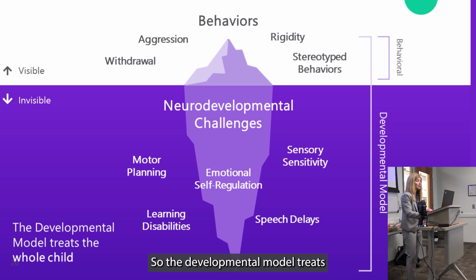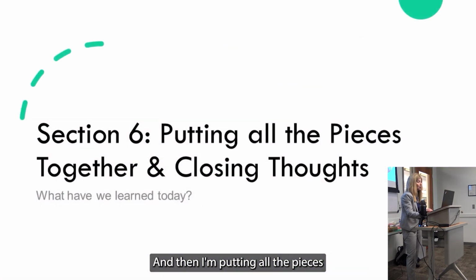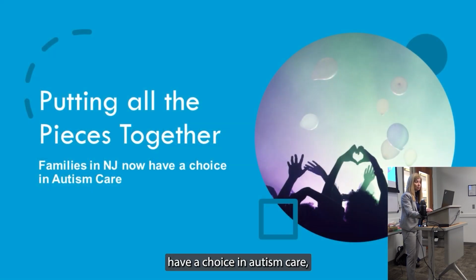So the developmental model treats things that are both invisible as well as visible, but focuses a lot on the underlying reasons. Sherry definitely has more information on that. And then, in putting all the pieces together, families in New Jersey now have a choice in autism care.